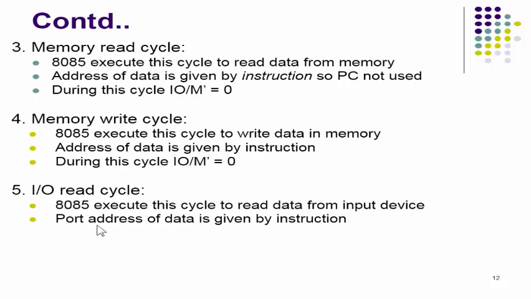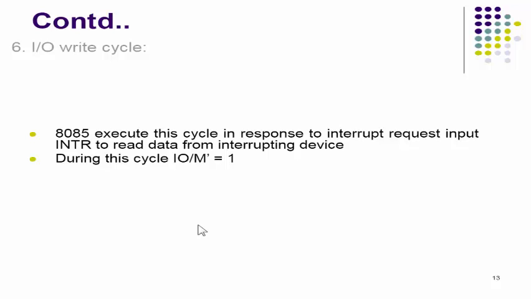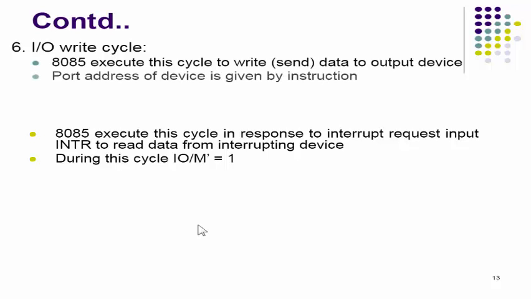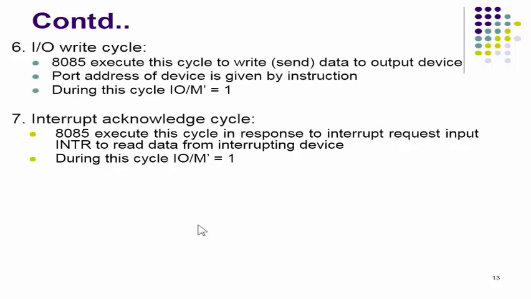Two main instructions need to be considered in case of IO, that is IN and OUT. The IN 8-bit address instruction reads the data from the input peripheral, and the OUT 8-bit address instruction sends data to the output device or output peripheral. Here the port address of data is given by the instruction. During this cycle you will find IO/M bar equal to 1.